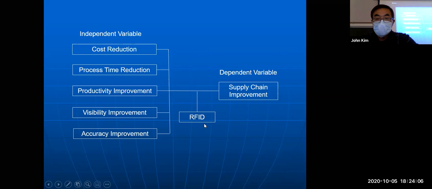Yeah, RFID can be a moderating variable for this one. So between the independent variable and dependent variable, a certain technology can be a moderating variable. It was my previous research framework.